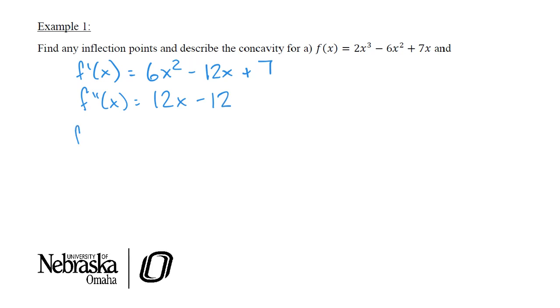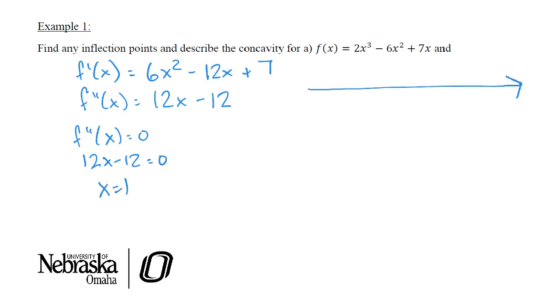So we want to set the second derivative equal to 0. So 12x minus 12 is 0. We can see x is 1. So if we look at our number line, again, we're checking the value in the second derivative. We could check something smaller than 1, which would be 0, for example.